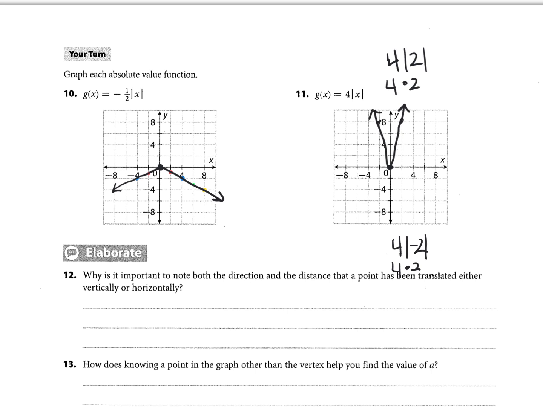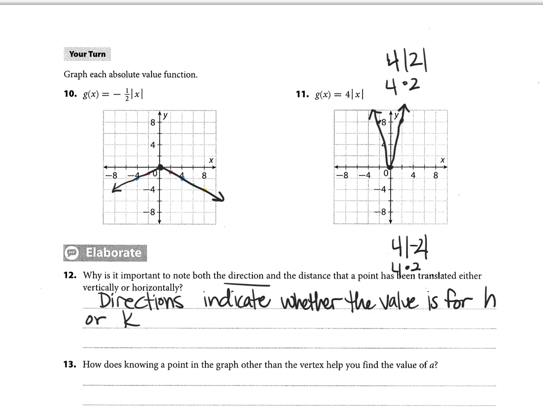Why is it important to note both the direction and distance that a point is being translated, either horizontally or vertically? Well, the direction tells us if it's the h or k and whether it's negative or positive, right? If we're talking about h, a negative h would tell us to move to the left, and a positive h would tell us to the right.